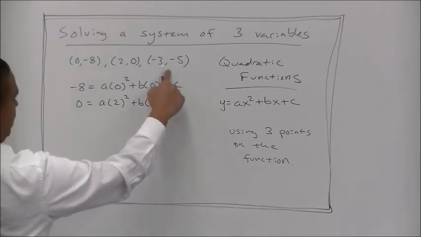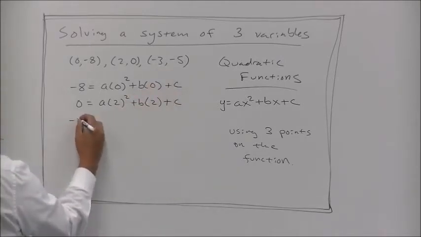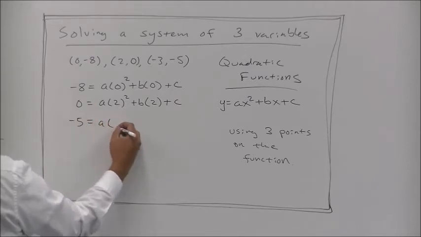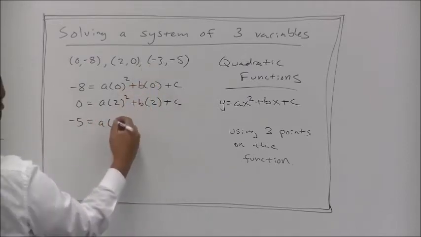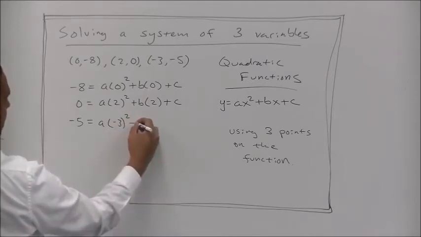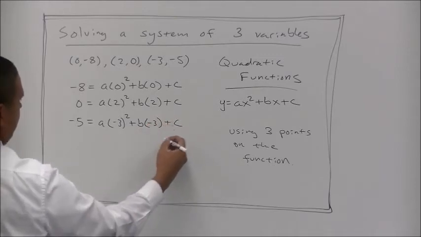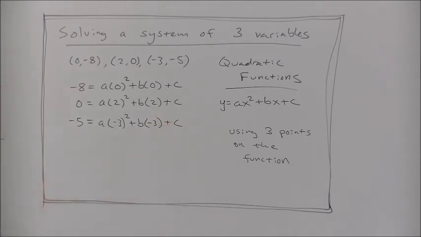And then for the third point, negative 5 equals a times negative 3 squared plus b times negative 3 plus c. So there's your 3 equations.